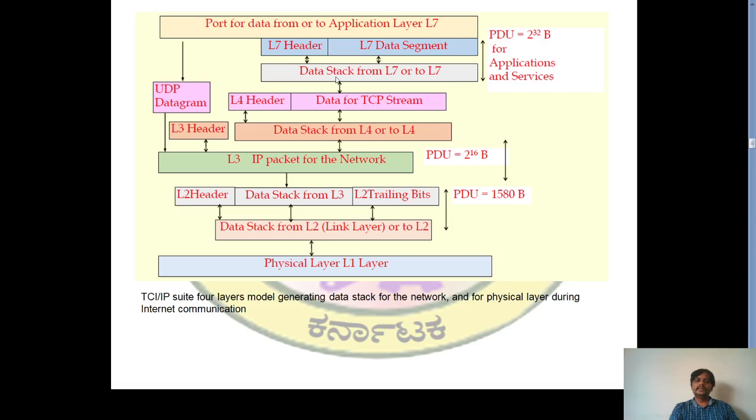Here we can see that the L7 layer is going to use the header, the L4 layer is going to use the header, and the L3 layer is going to use the header, but at the second layer, the data link layer, we are going to use the header as well as the trailer. In the trailer we call it trailing bits.